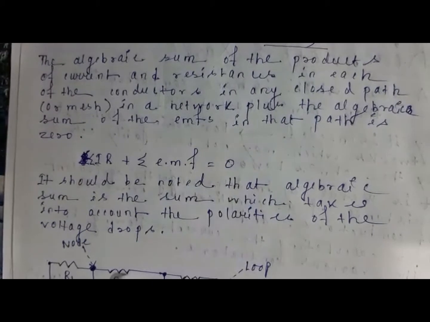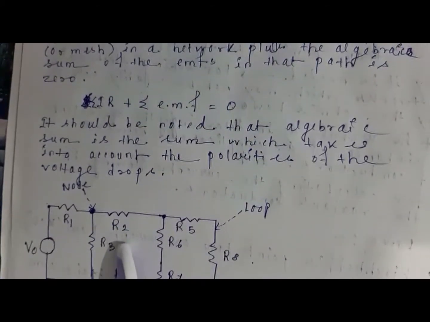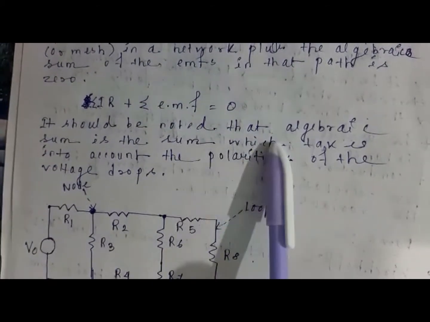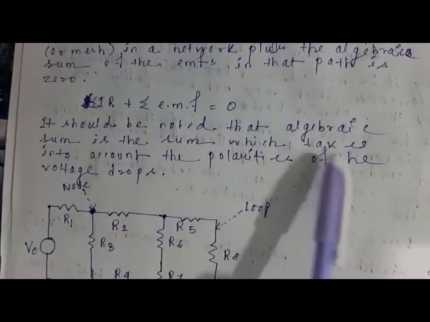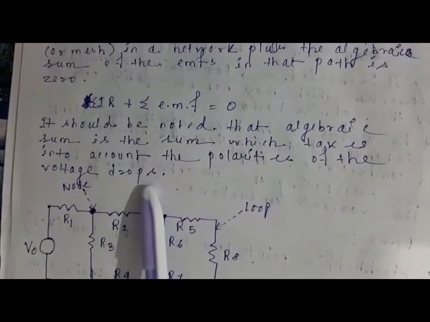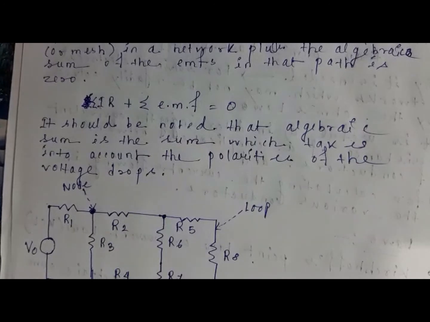Alright, now we will be solving this kind of sums. See, the algebraic sum is a sum which takes into account the polarities of the voltage drops. So we should take special care of the polarities.